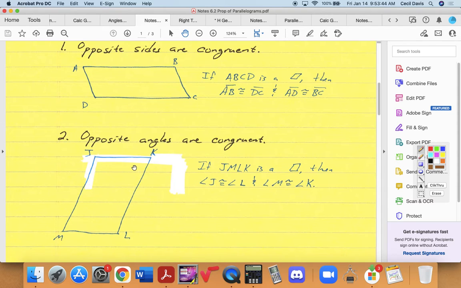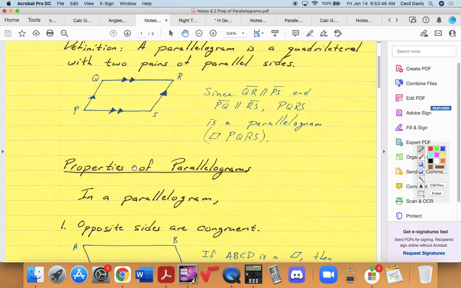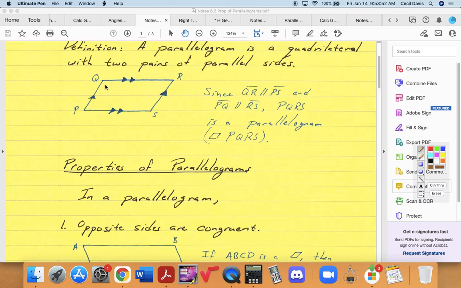Okay, let's go back up to this diagram here at the top for just a second. What kind of angles, we haven't done this in a long time, are angle Q and angle P? Yeah, same side interior angles. And when lines are parallel, what's true about same side interior angles?